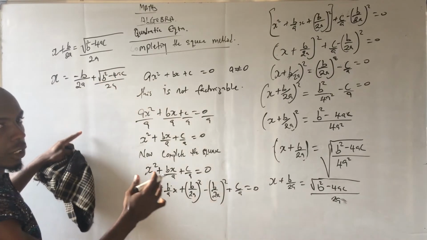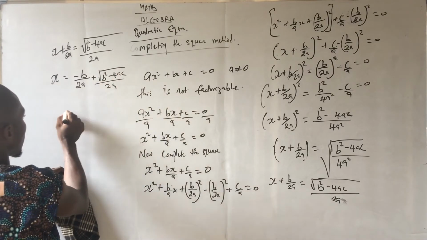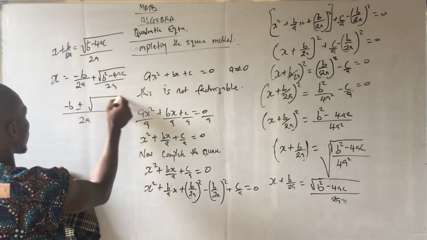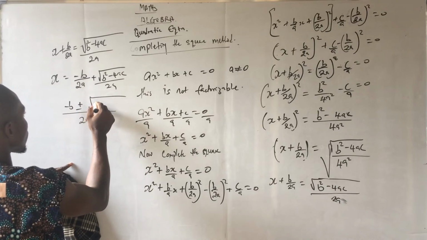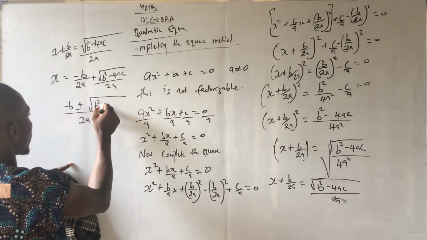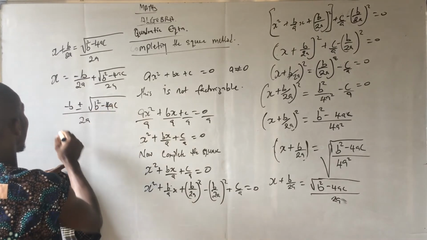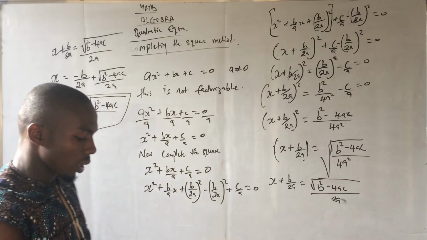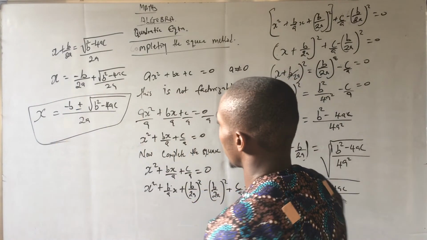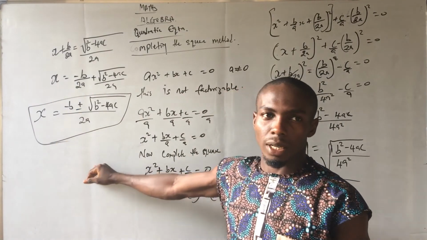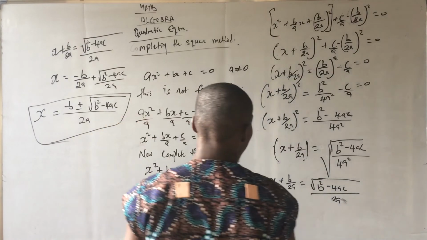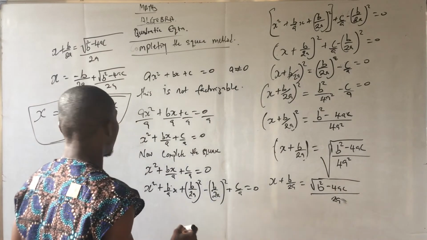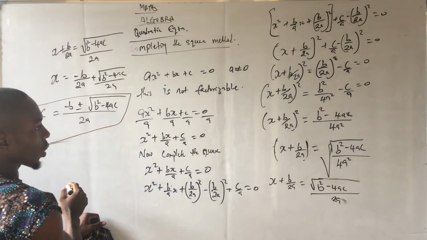Since they have the same denominator, their LCM is the same, so I'm going to say x is equal to minus b plus or minus the square root of b squared minus 4ac, all over 2a. And this is what they call the quadratic formula, the almighty formula. And this is what they call the completing the square method.